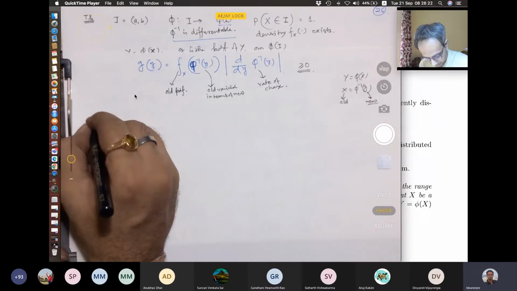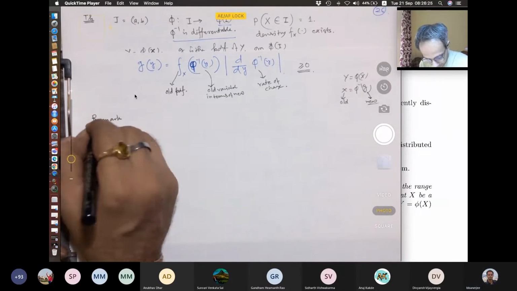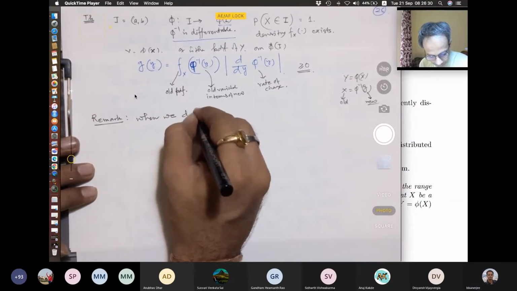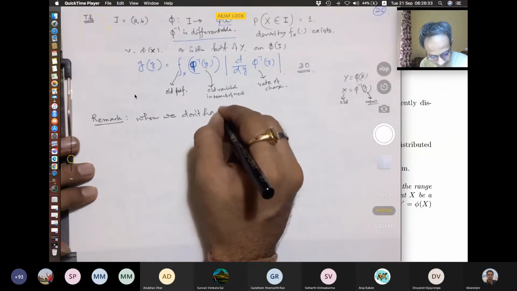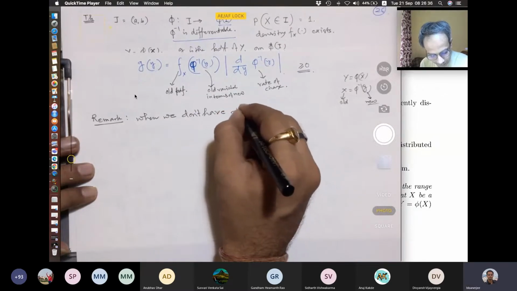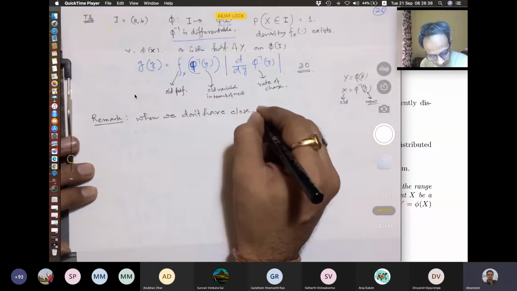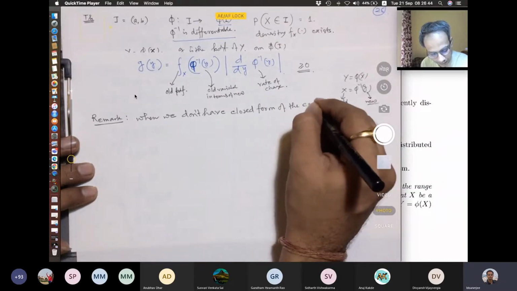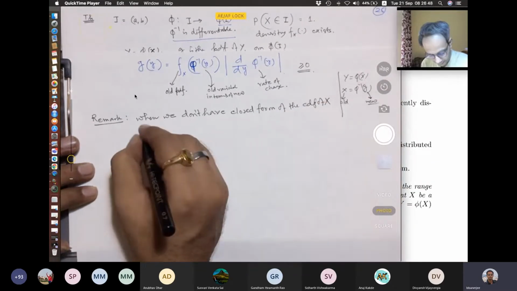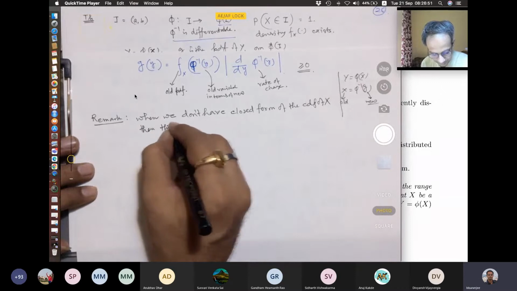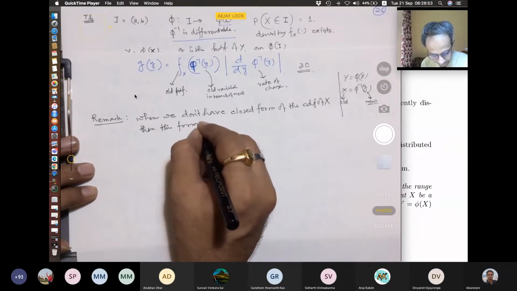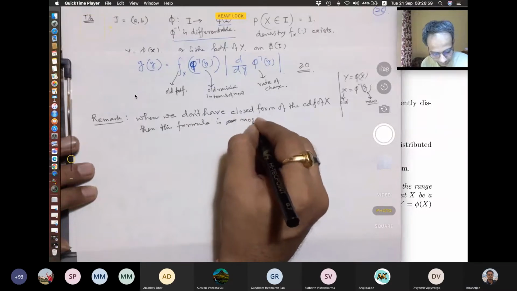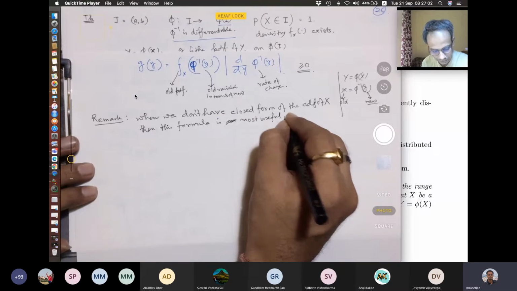So remark, when we don't have closed form of the CDF of x, then this formula is most useful.